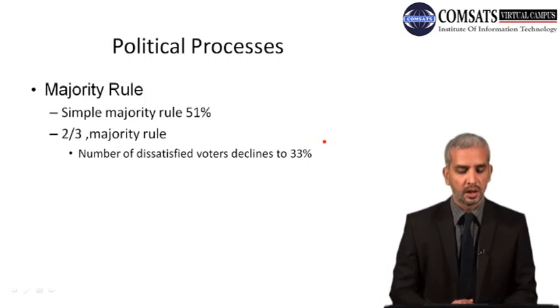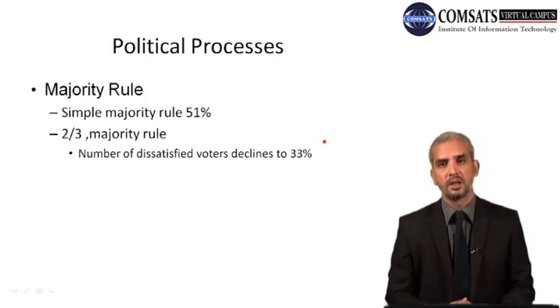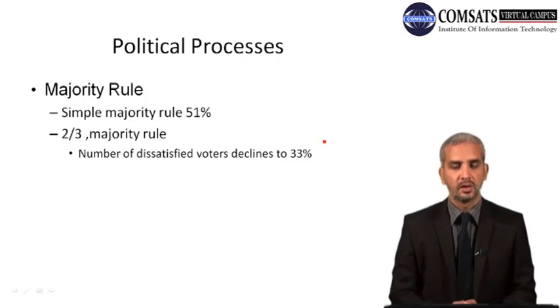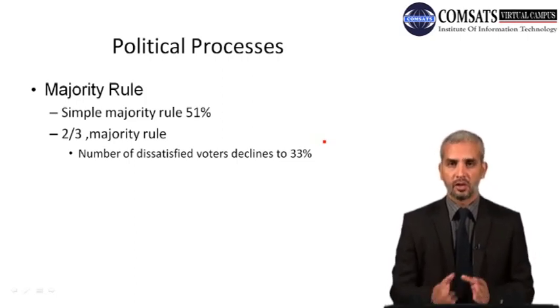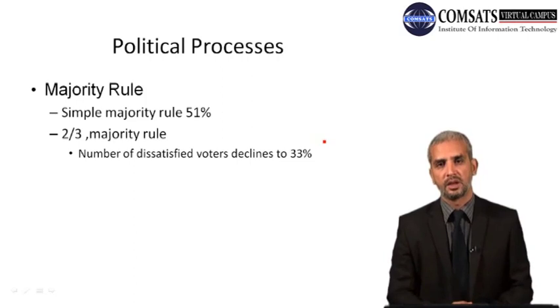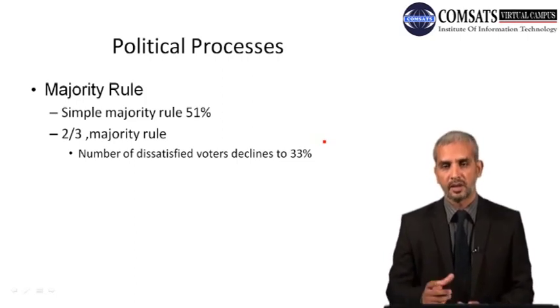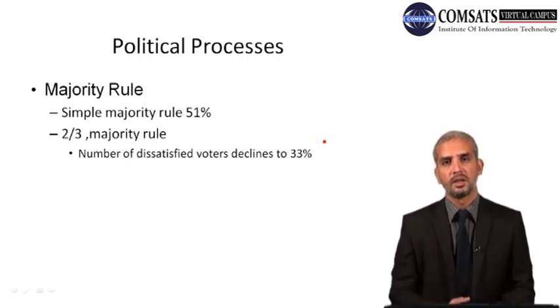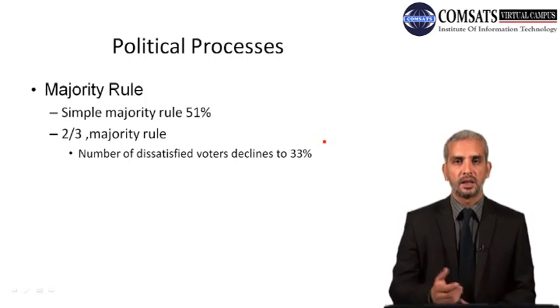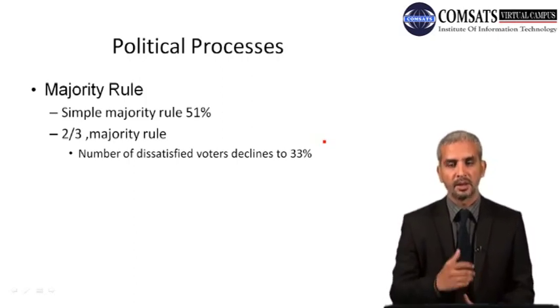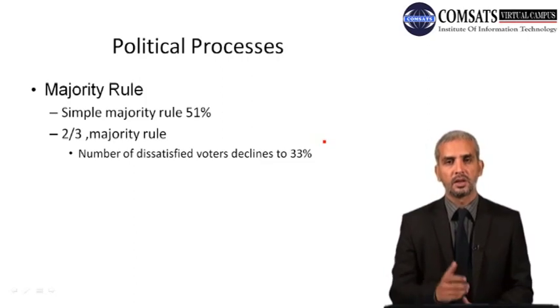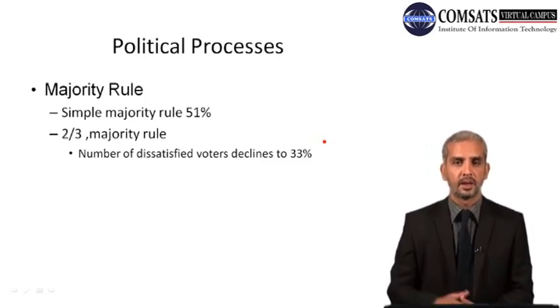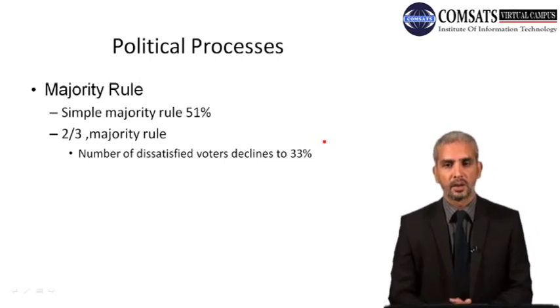If you use 2/3, the number of dissatisfied voters declines to 33% as against the simple majority rule of 51%. In our example of selecting security guards, when 7 individuals voted, the result was a median solution, and 49% of the individuals were dissatisfied, because their marginal benefit was either above the marginal cost or their marginal cost was above marginal benefit, and only the median voter got his preferred outcome.